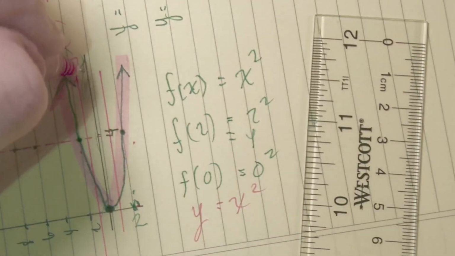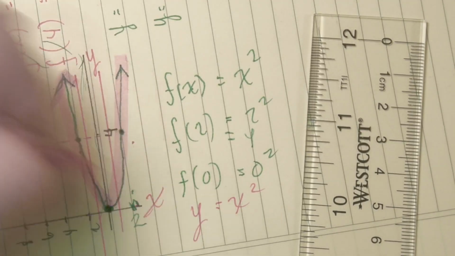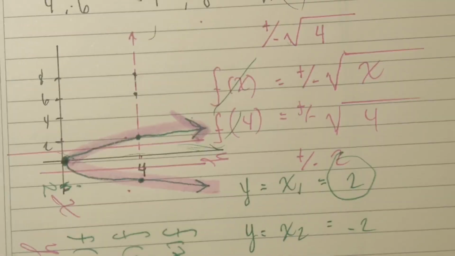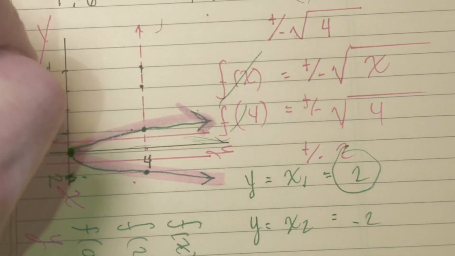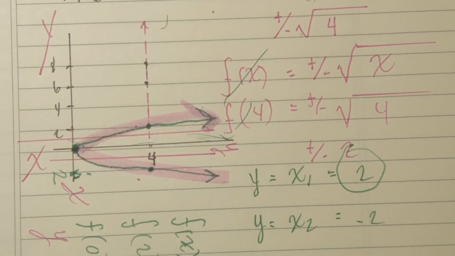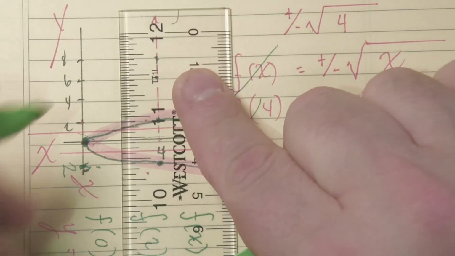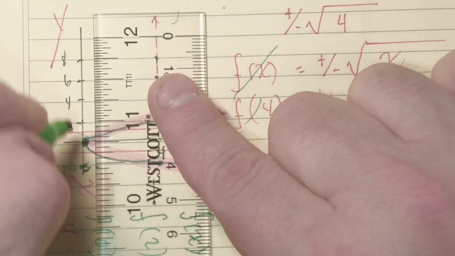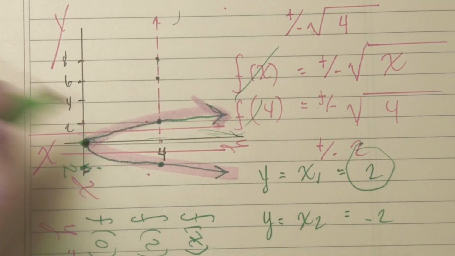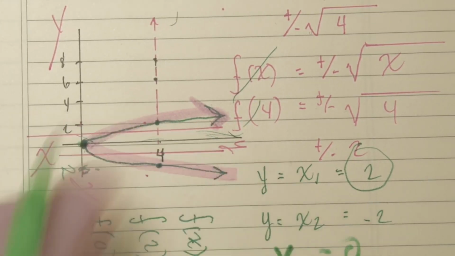But that assumes that this axis right here is the y-axis and this axis is the x-axis. But what we're talking about is a question where it's like this, where that's the y-axis and this is the x-axis. So you see the problem? Now I have a problem that violates the vertical line test absolutely everywhere, including at 0, 0, because there are 2 solutions. x1 equals 0, x2 equals 0.